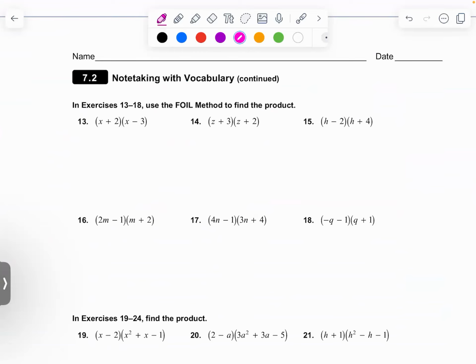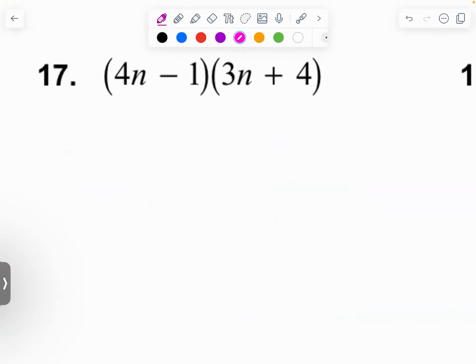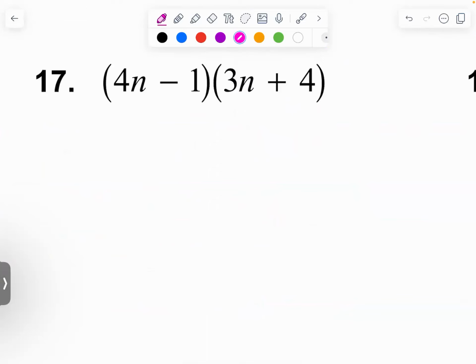Let's slide over to the next page and look at number 17. What's different about number 17? Both binomials have a leading coefficient that's not 1. So Henry, if you'd follow along with me, we're on number 17. Are you following along? Yes, I am.